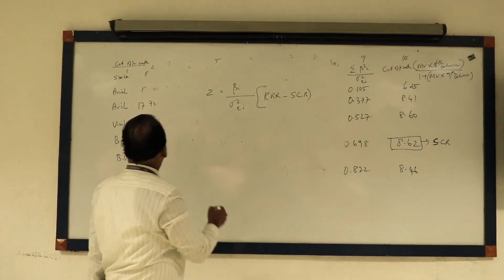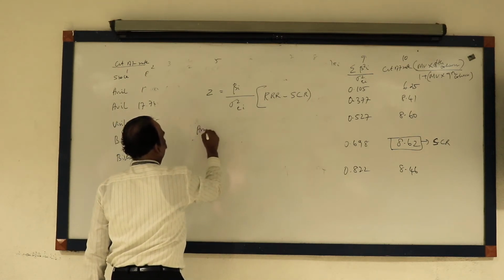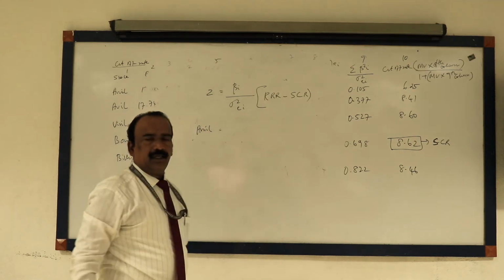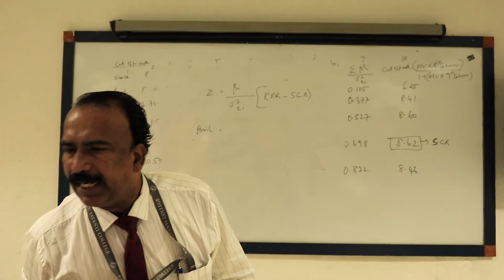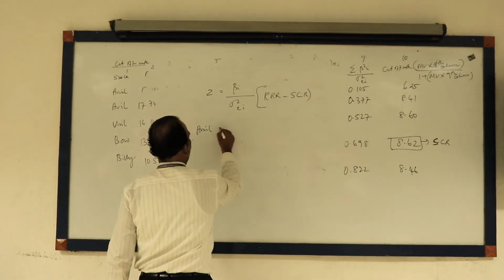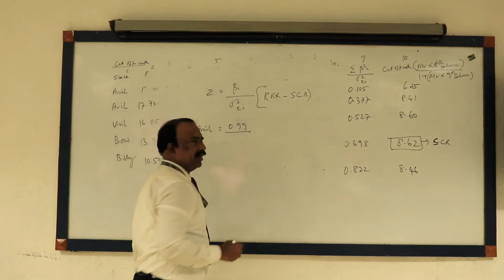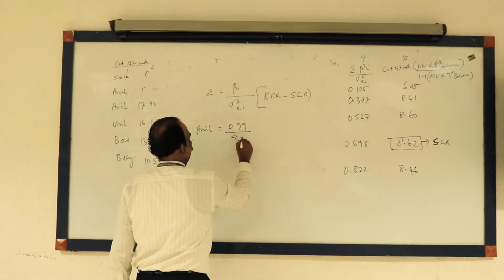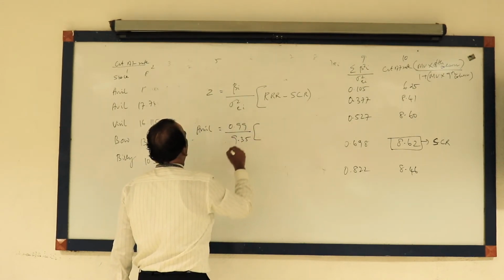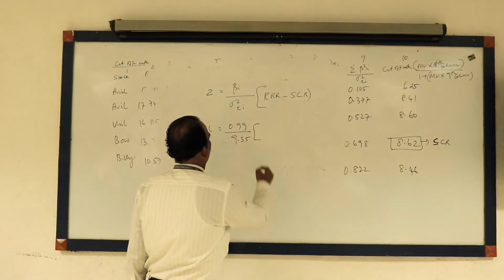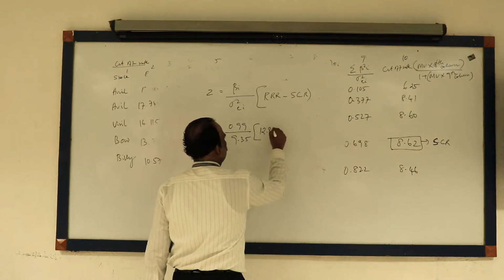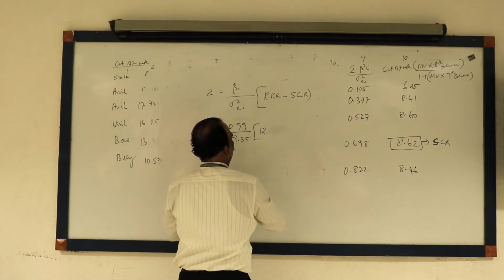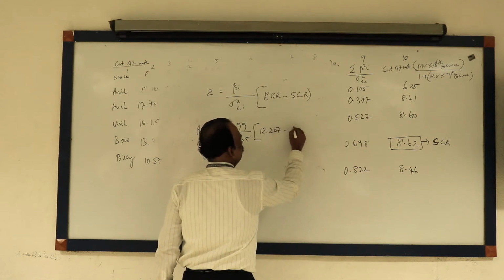Okay. So Anil's beta is 0.99 divided by 9.35 into the risk reward ratio 12.207 minus 8.62.